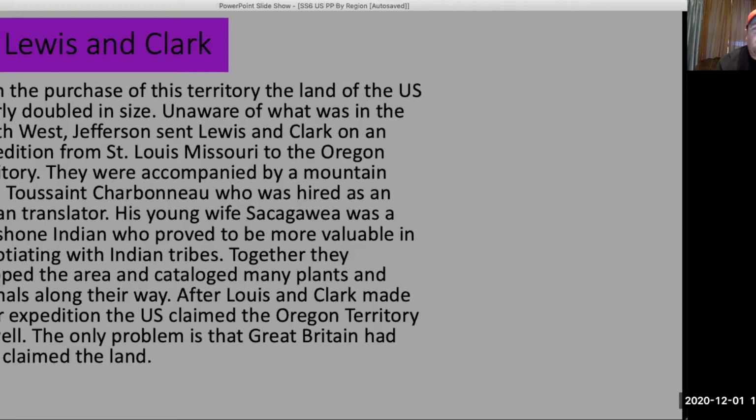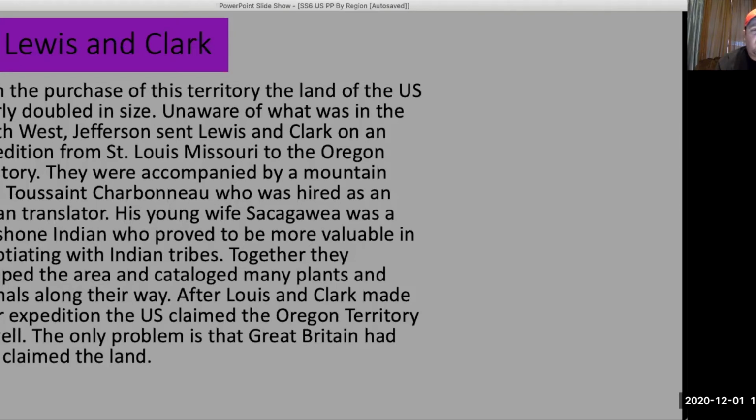Okay, they were accompanied by a mountain man named Toussaint Charbonneau, who was hired as an Indian translator. Okay, he had a wife. His wife was Sacagawea. She was a Shoshone Indian. Okay, she proved to be more valuable in negotiating with the Indian tribes than he was. Okay, together they mapped the area and cataloged many plants and animals along their way.